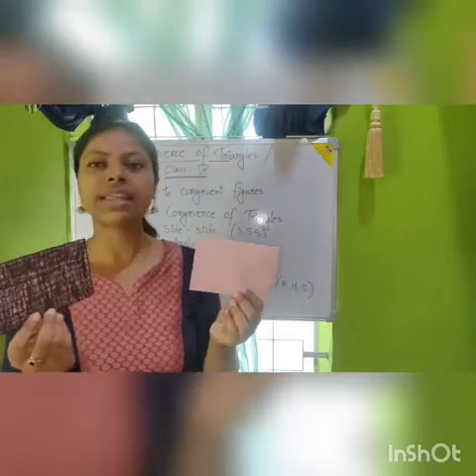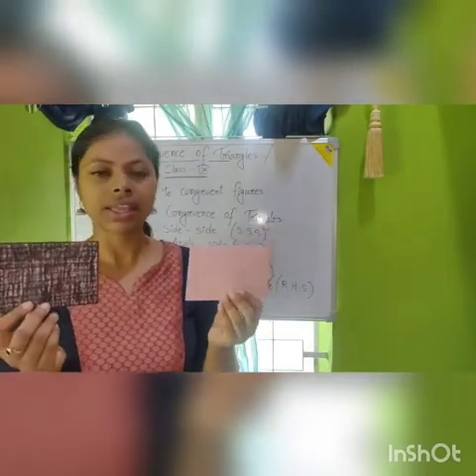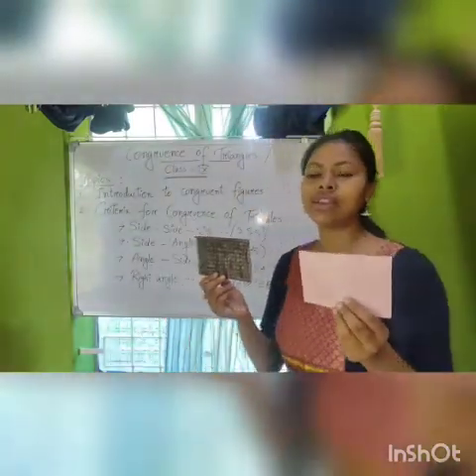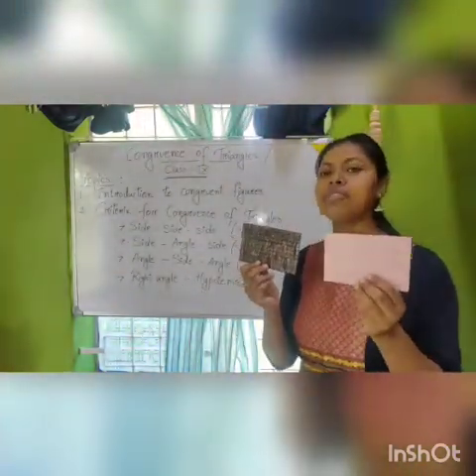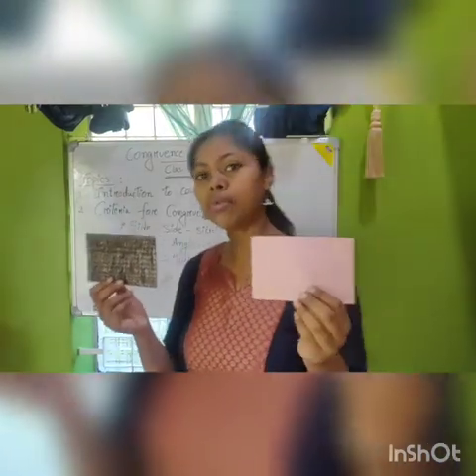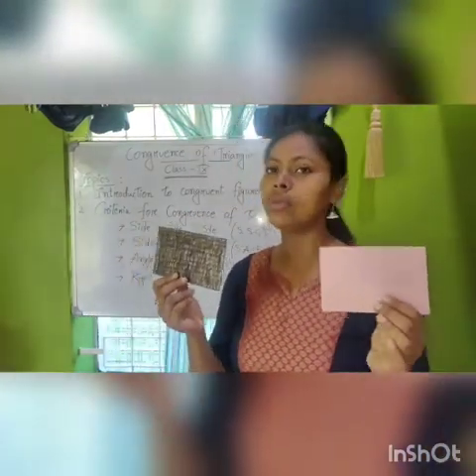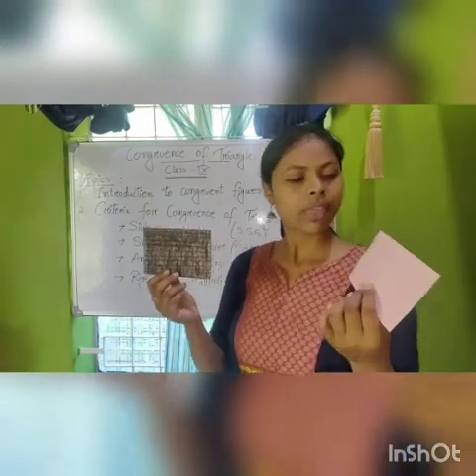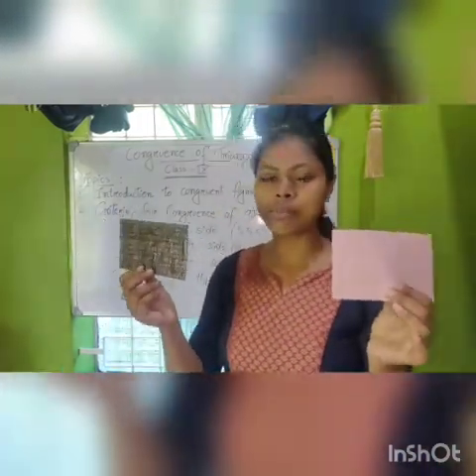Now how can we say that they will match in all aspects? For every figure we have some definite boundaries. If the boundary matches or superimposes one over the other, then we can say that the two figures are identical, or they are congruent. Now let us see for these two papers.